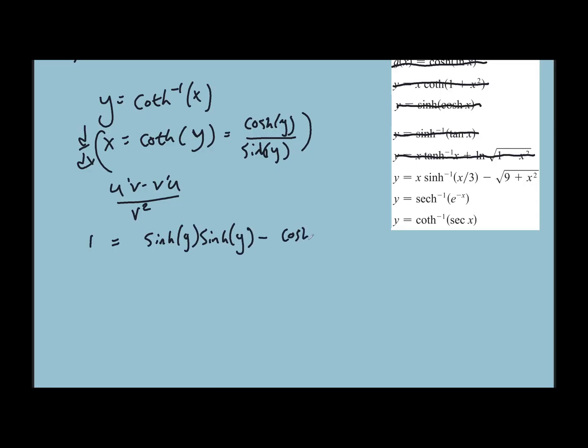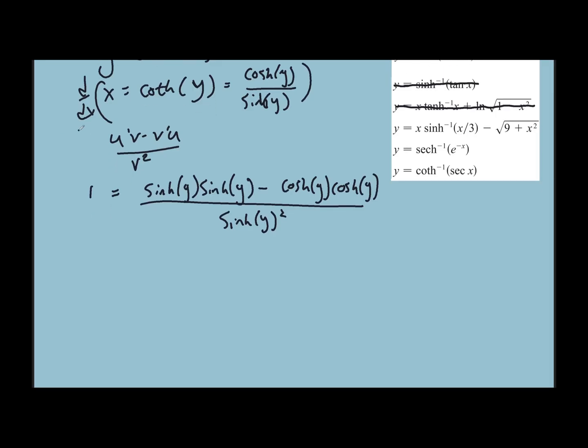Minus 2 of the same over here, and that's going to be all over the denominator squared. So I get for this one is that 1 equals 1 minus hyperbolic cotangent of y squared.